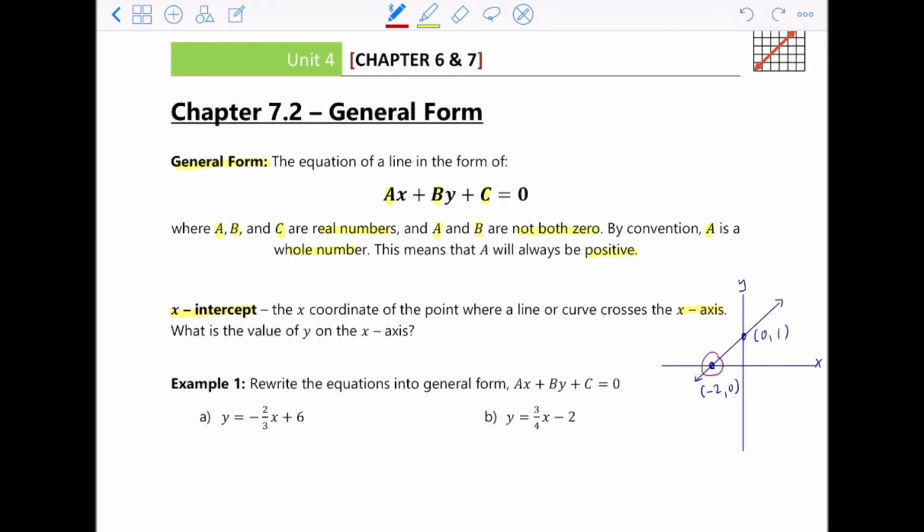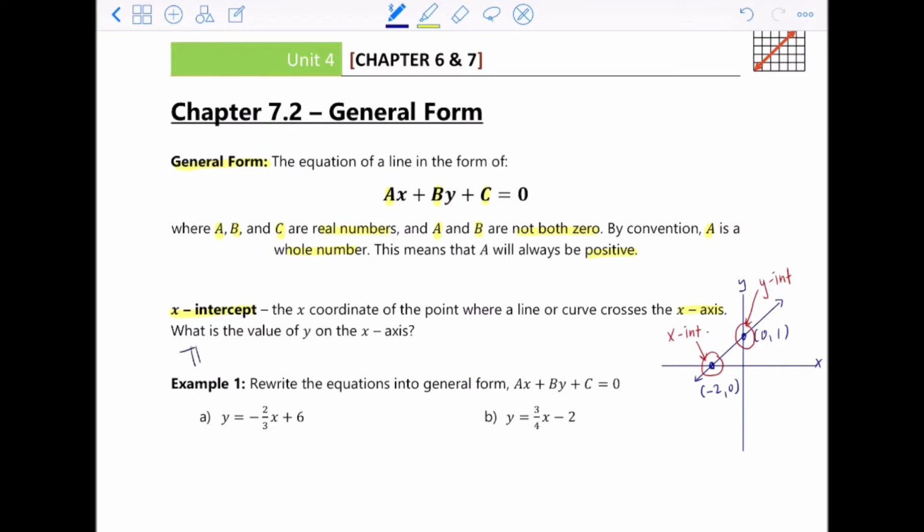So this point here is on the x-axis, so this is called the x-intercept. On the other hand, we can say this point is on the y-axis, so this point is called the y-intercept. So what is the value of y on the x-axis?